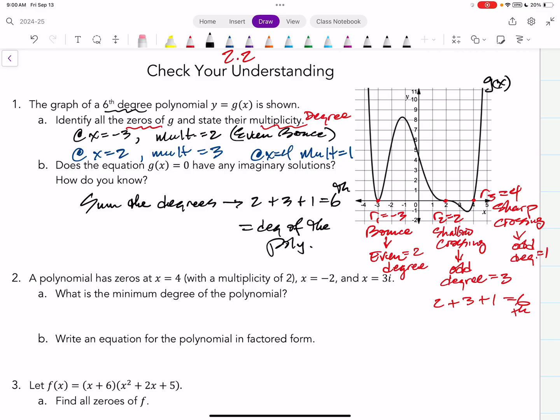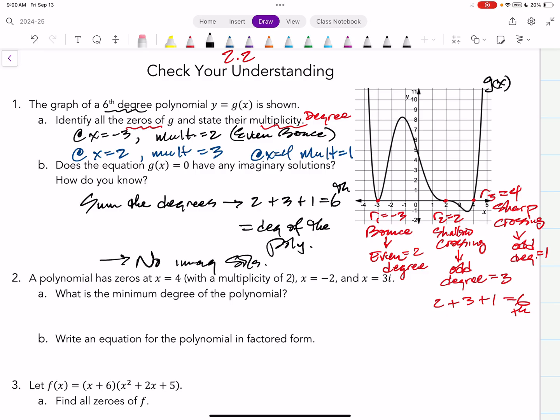And if they said we had maybe an 8th degree polynomial, then we would have imaginary solutions here. So since the sum of the degrees equals the degree of the polynomial, we're going to say no imaginary solutions.